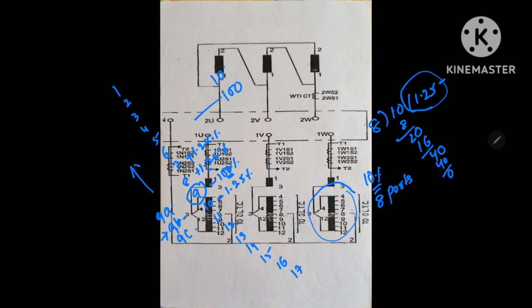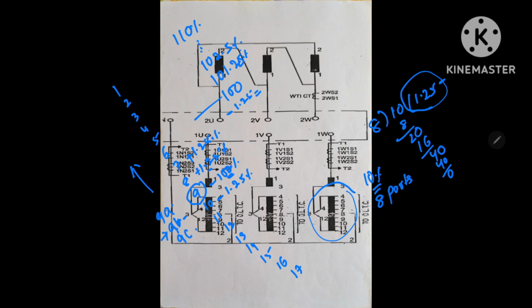it will be 101.25%. Next step will be 102.5% and so on. It will go to 110%. Similarly, in case of when tap we are raising, minus 1.25% will be there.